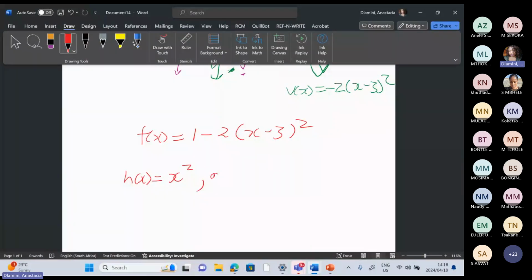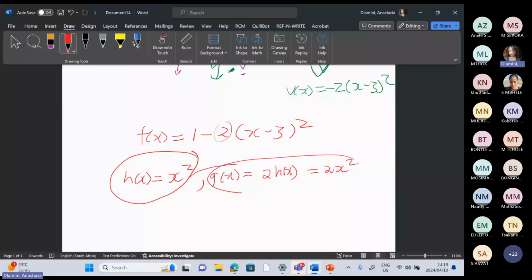I changed h of x into g of x, which is h of x multiplied by 2. I'm stretching the graph, so it became 2x squared. So I drew this one, multiplying by 2 because I see a 2 here, and then I drew this graph.